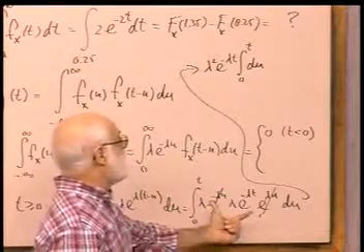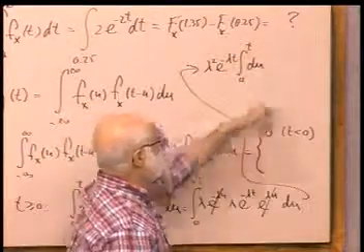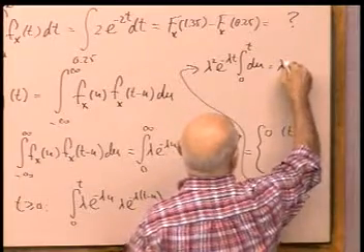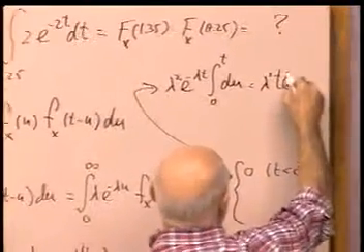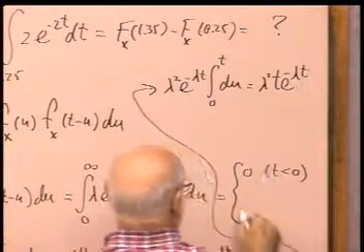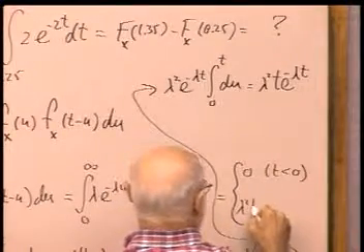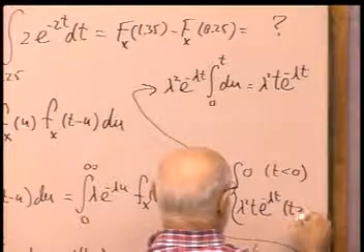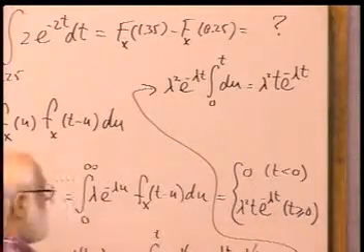Everything with u in it canceled out. Well, the integral of du from 0 to t is simply t, so therefore this answer is lambda squared t e to the minus lambda t. So that's the answer. Lambda squared t e to the minus lambda t for t greater than or equal to 0.